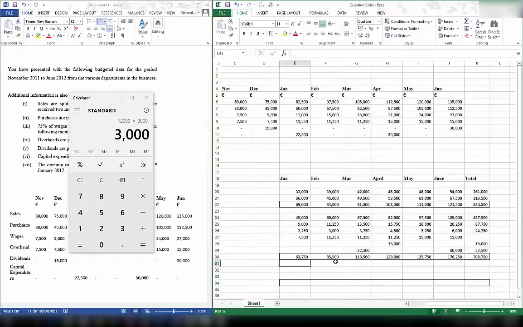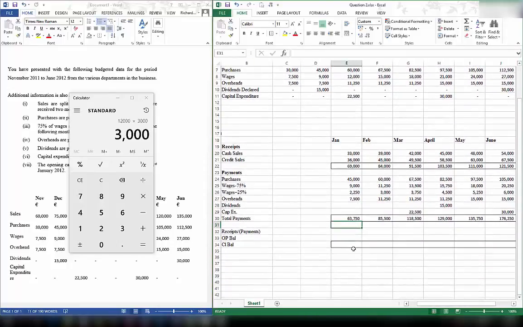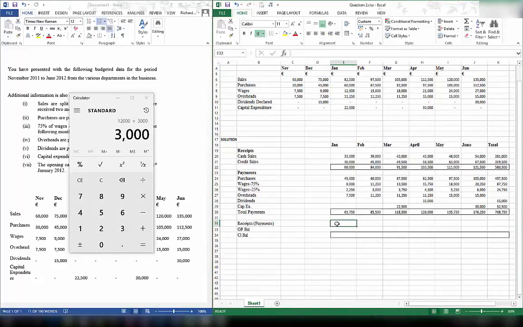Okay, so now we have all of our totals. Totals for January and our overall totals for each of our different expenditures and receipts. So now what we want to do is calculate, do we have more receipts or more payments? Do we have more money coming in or more money going out? So we're going to take away our total payments from our total receipts.